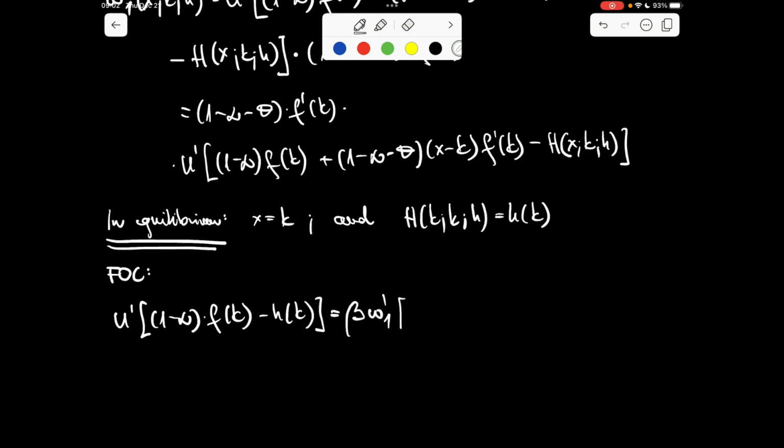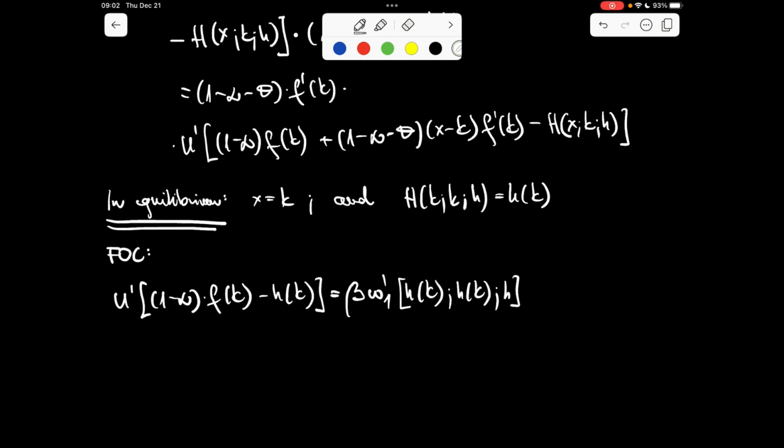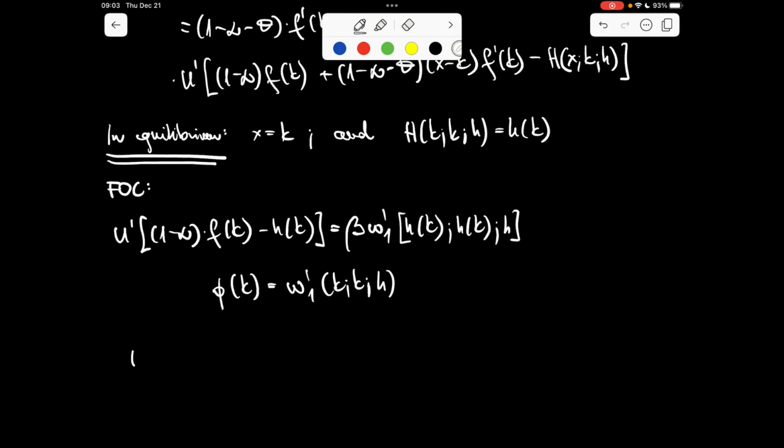On the right we have the derivative of the value function, and if we introduce this notation, then we have one of our two key equations on the basis of which we can proceed to the pseudo economy.